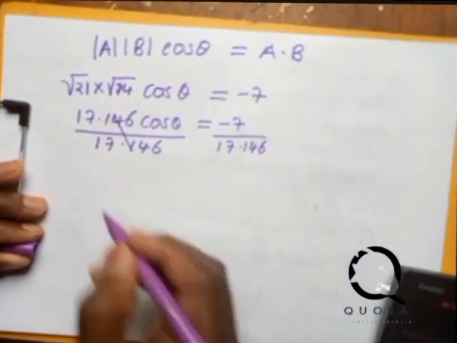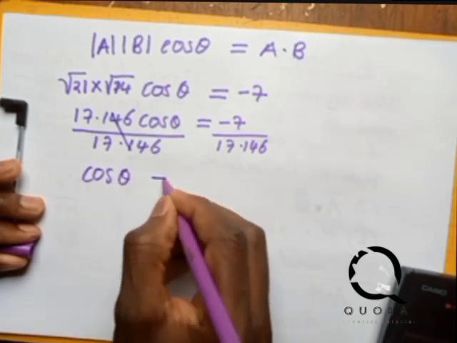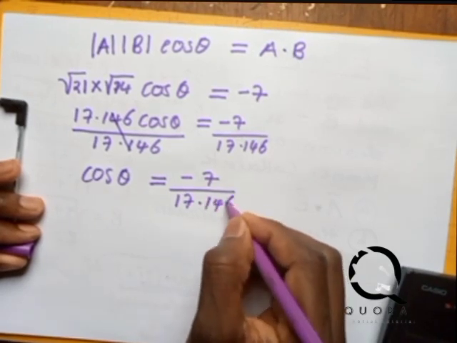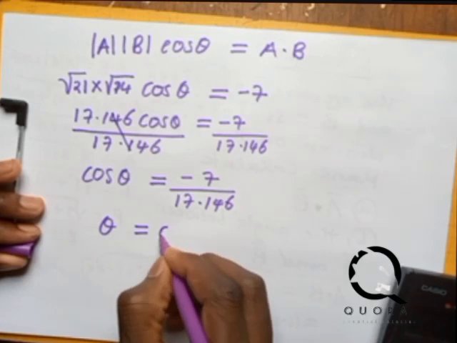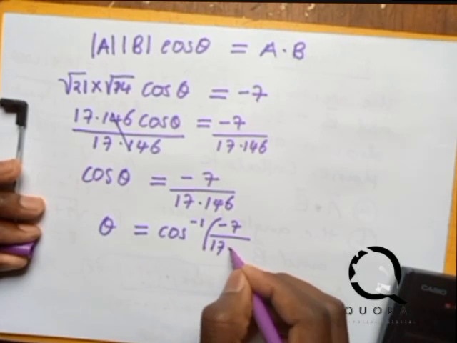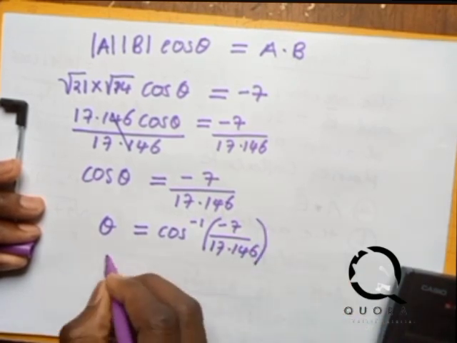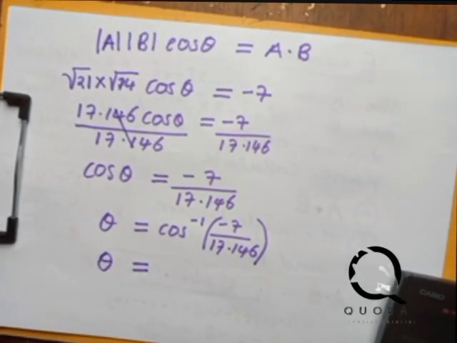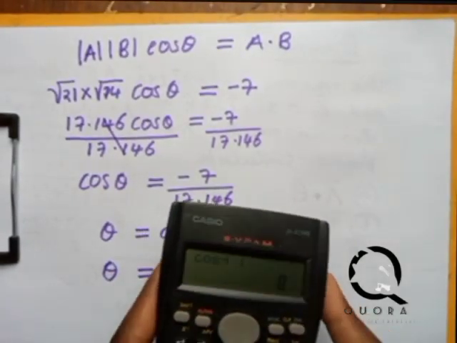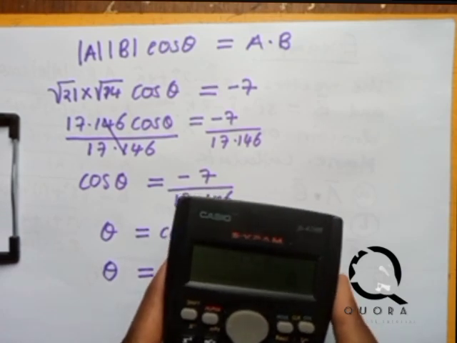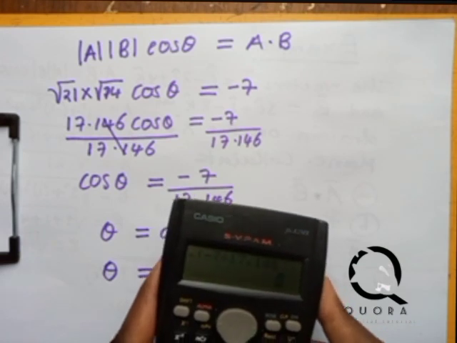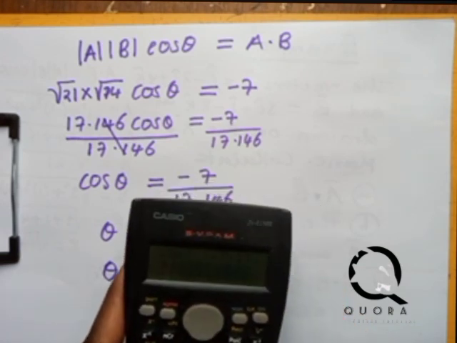Cos theta has to be equal to negative 7 over 17.146, and theta is going to be equal to cos inverse of negative 7 divided by 17.146.